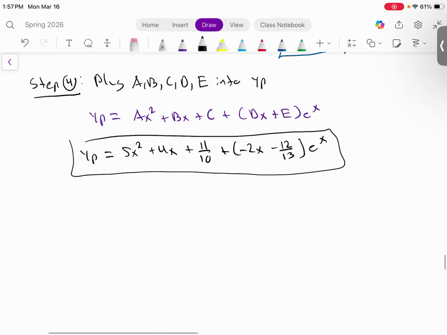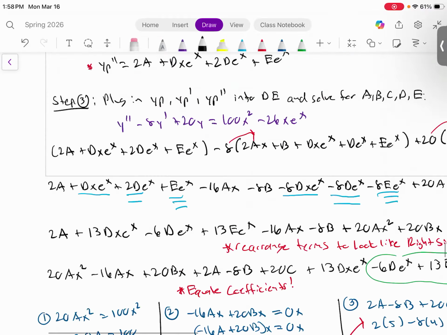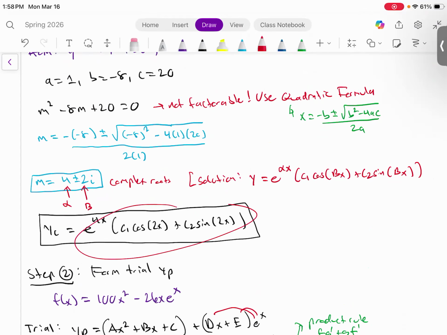Okay, so that's my particular solution. So that's not my final answer. My final answer is going to be the general solution. So general solution now, and recall a general solution is the complementary plus the particular. So my general solution is going to be my complementary, which we got all the way back up in step one, this solution right here.